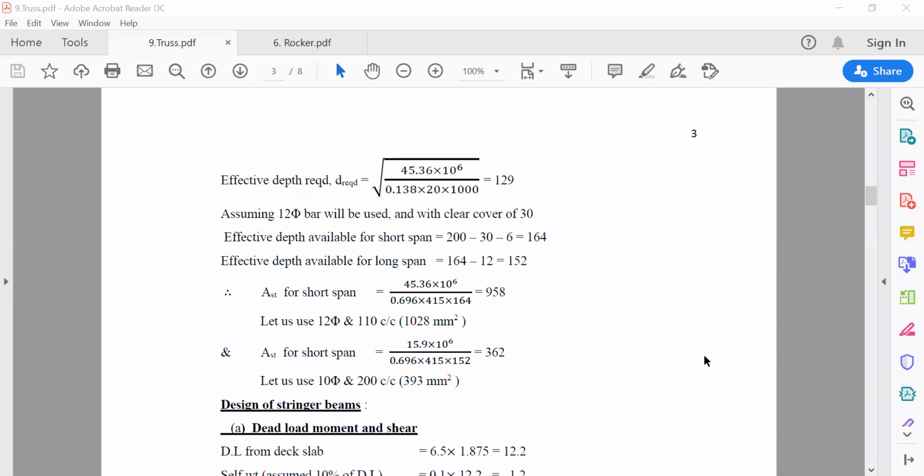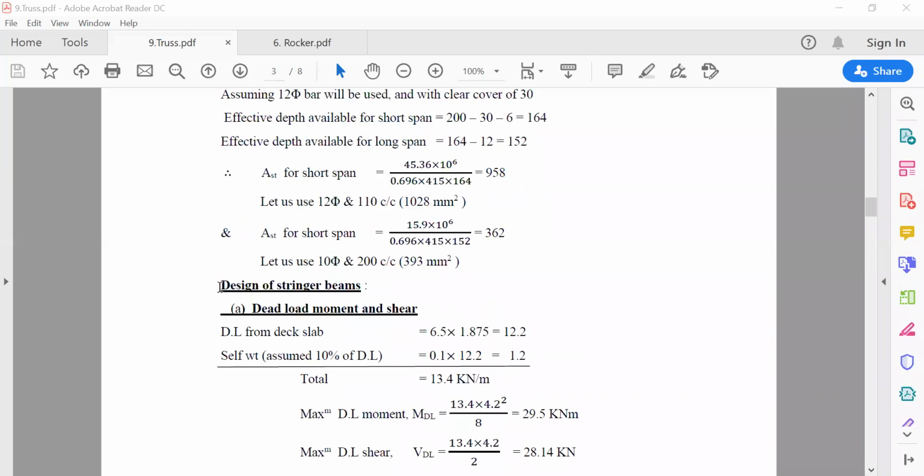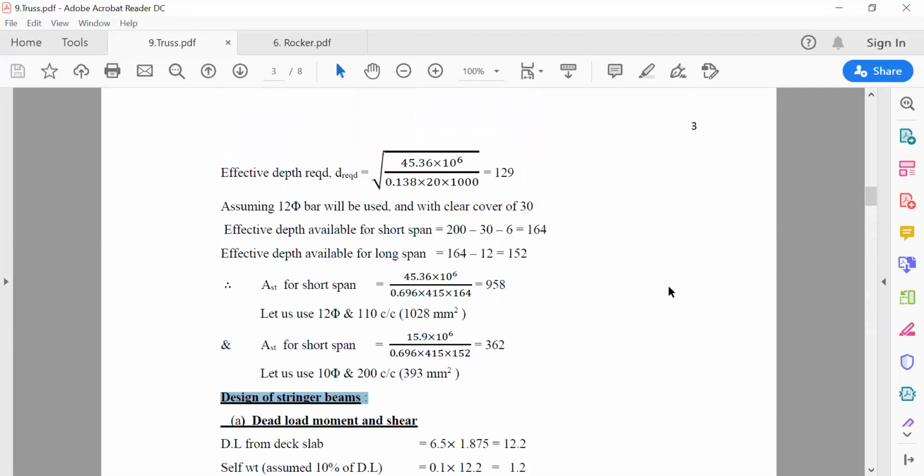Without those concepts it will be difficult for you to proceed with the further steps of design of stringer beams. That's why I told you to watch those videos.